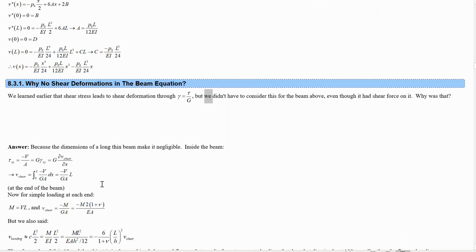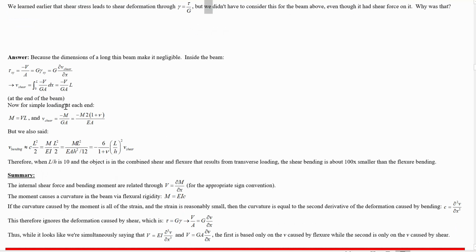The reason for this is that shear ends up being proportional to the length of the beam divided by the cross-sectional area, whereas bending ends up being proportional to the length squared over area times h squared, which means that it's compared to the shear displacement like a proportionality difference of length over h squared times the shear displacement.